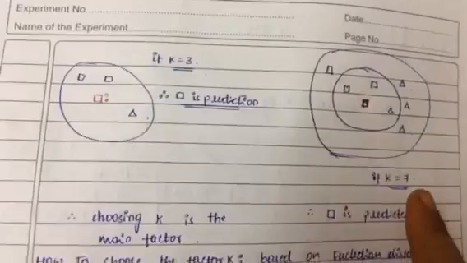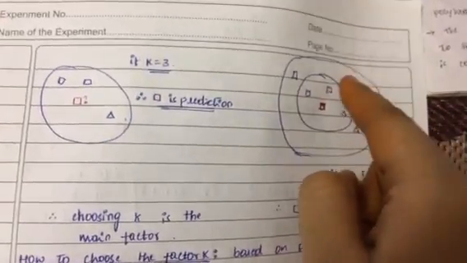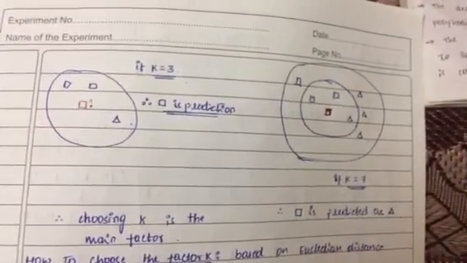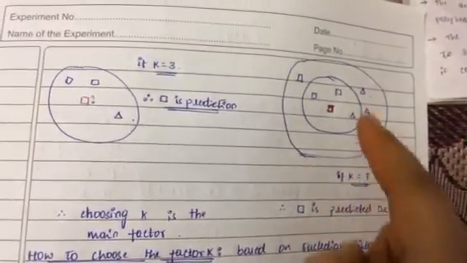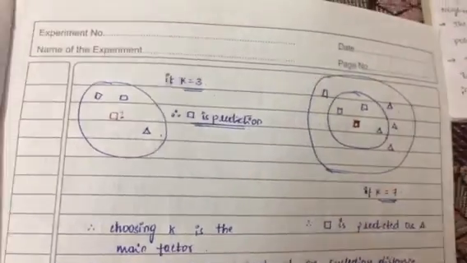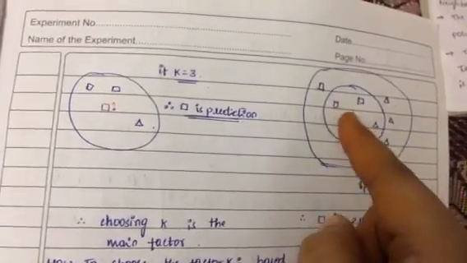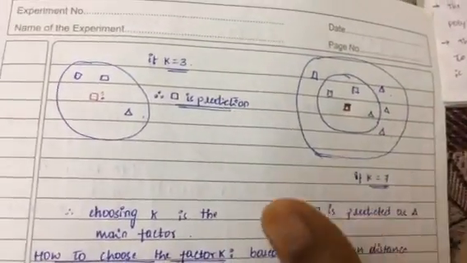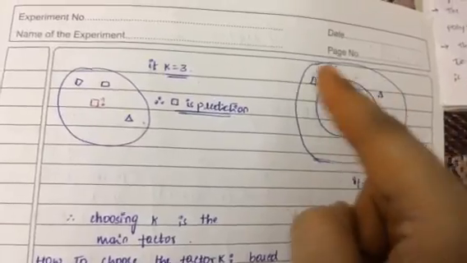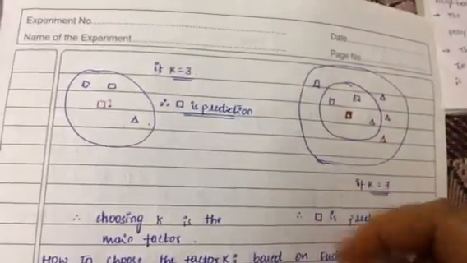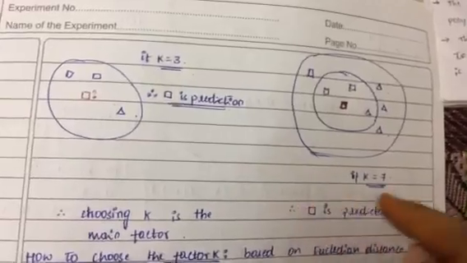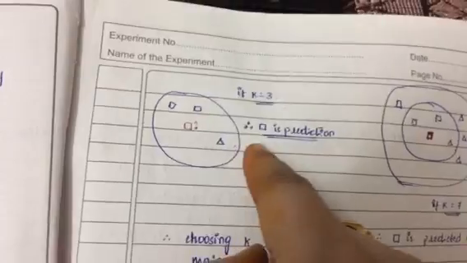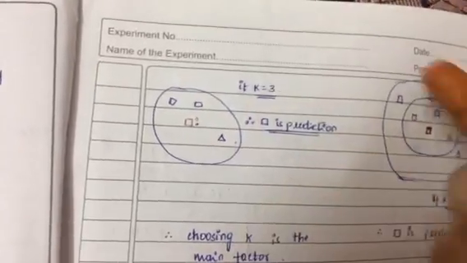Suppose I choose my k value as 7, at that time I have 4 triangles and only 3 squares. Since my k value is 7, I have to choose the nearby 7 data points: 1, 2, 3, 4, 5, 6, 7. In that, 3 are squares and 4 are triangles, so I am going to predict it as a triangle. That is a wrong prediction, correct? So only if my k value is 3, my prediction is correct.